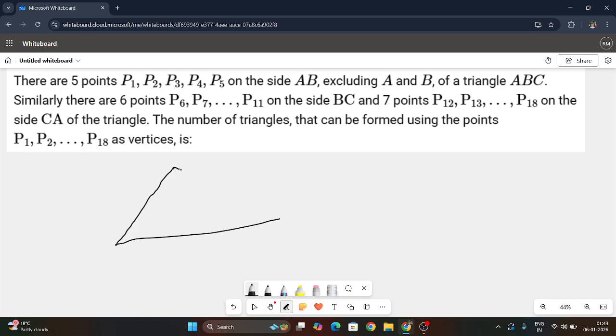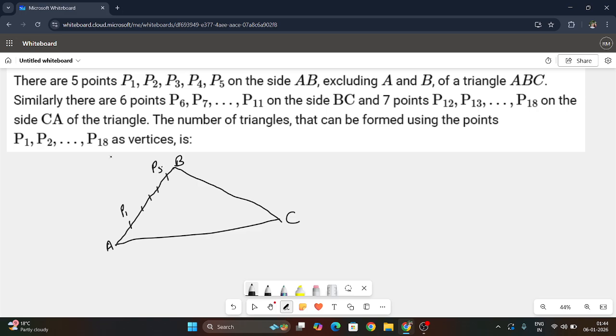This may be anything else. A, B, and C. In AB, P1, P2, P3, P4, P5 on the side AB, excluding A and B. So let's suppose this is P1, P2, P3, P4, and this is P5.